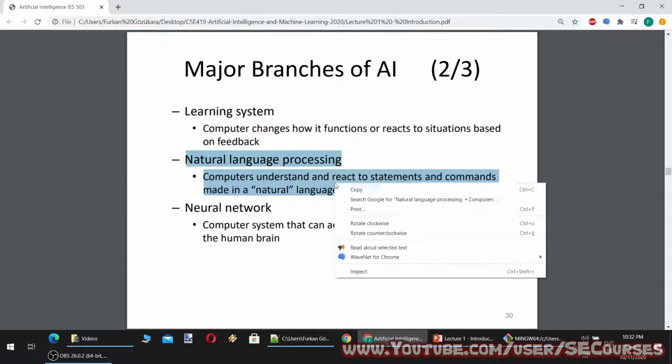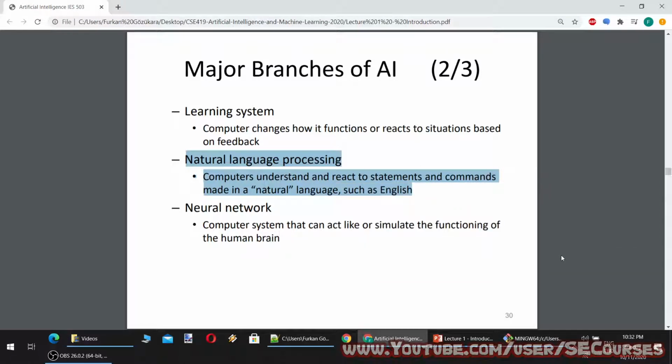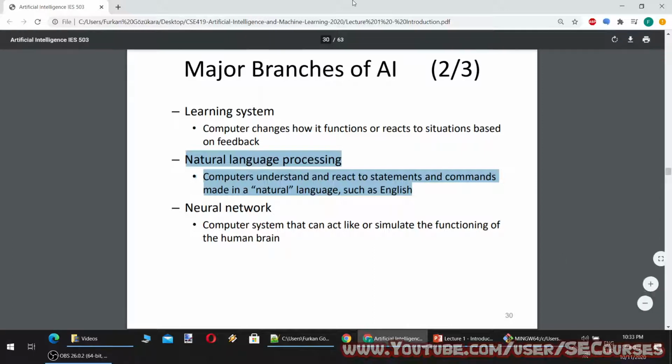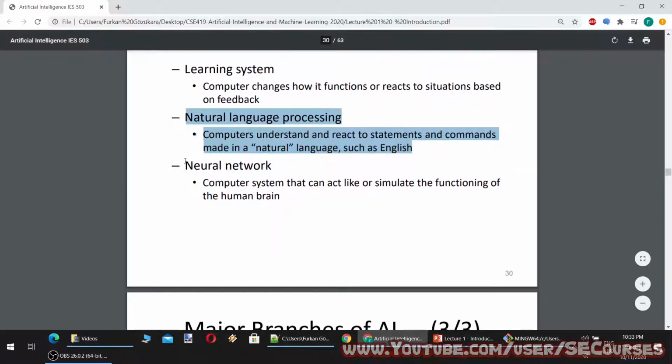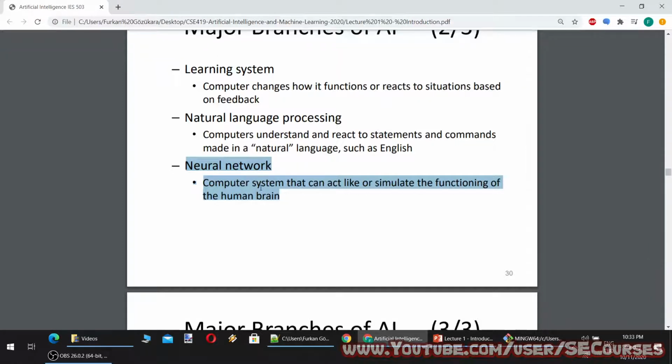Natural language processing, which I am already using for recording this video: computers understand and react to statements and commands made in a natural language, such as English. And neural networks. Neural networks are also another major branch of AI at the moment because they work so well if you have enough data.